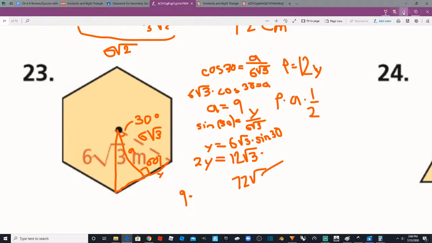Oh wait, because this is not distributive, so this would be 72 root 3 multiplied by sine of 30, which should be multiplied by 9.